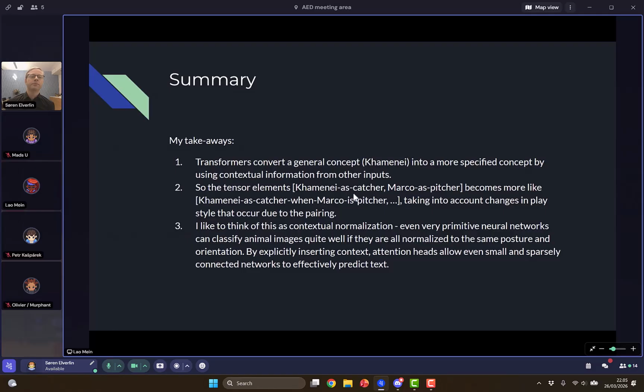So, like I said, this is contextual normalization. Remember back in college when I was studying neural networks, one very important thing they brought up is that if you normalize animal images, like if you have all the animals standing in the same position, a very small neural network can reach incredibly high accuracy in classifying those images.